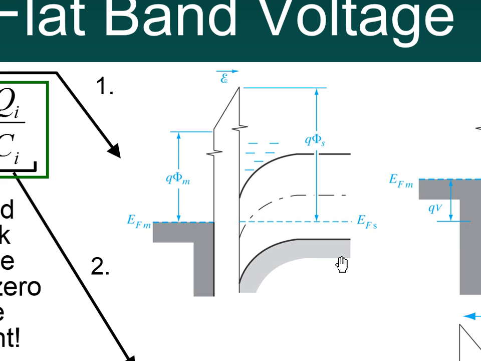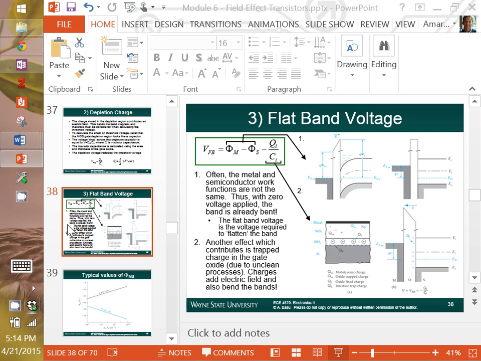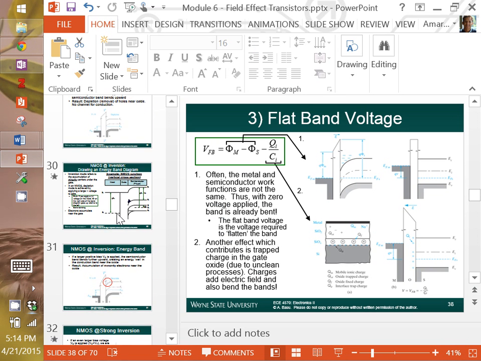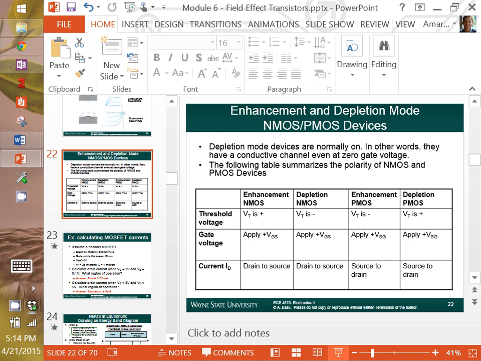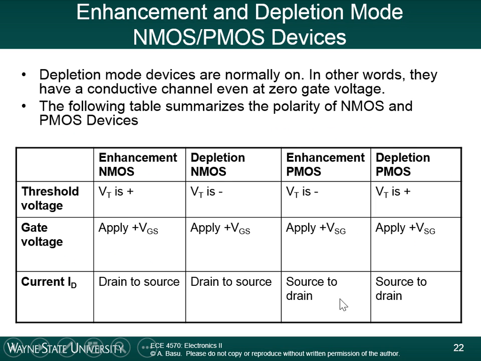A depletion mode device is a device that's on at 0 voltage. We talked about enhancement mode and depletion mode devices. I'll just bring up that slide real quick. A depletion mode NMOS is where the threshold voltage is negative. That means even if you apply 0 volts to the gate, the device will still be on.